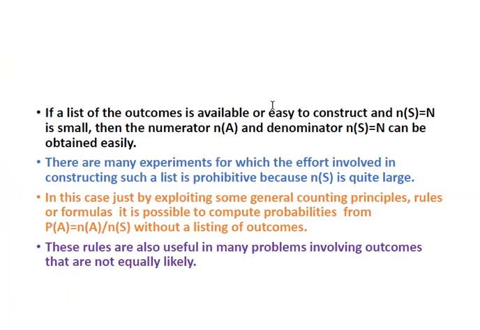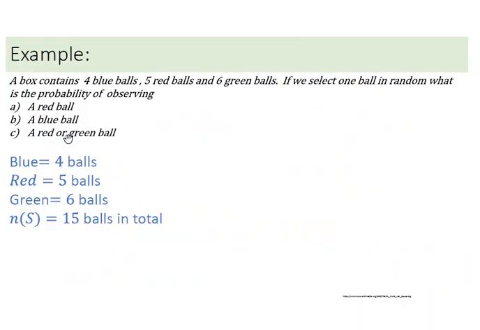Okay, if a list of the outcomes is available, same as the previous example, the list of the outcomes was available for us in this example. We have the list.